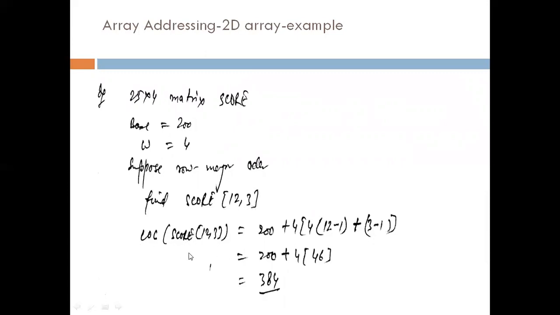We use the formula: base address 200 plus W, that is 4, multiplied by the previous elements' indexes. Here the value is 4, and then 12 minus 1 plus 3 minus 1, and after computation we will get 384.